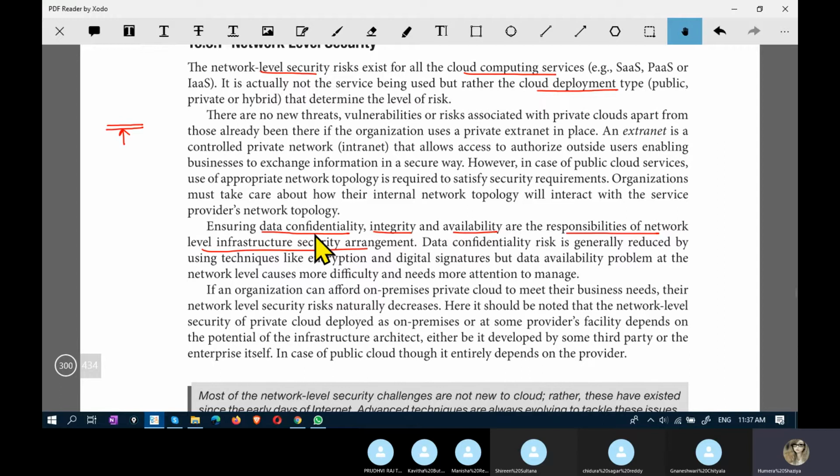So that has to be preserved, means the contents should be preserved, should be protected actually, and should not be understood or easily comprehended by non-intended users, and no one should be able to modify the contents.